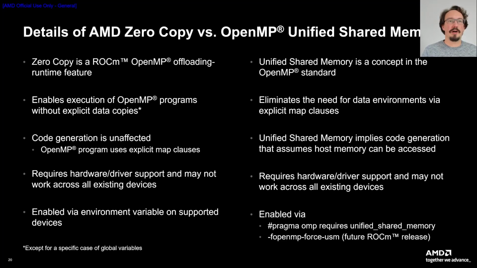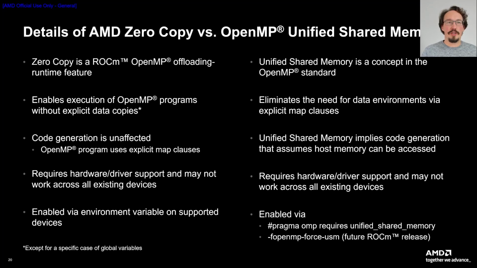Unified shared memory, on the other hand, is a concept of the OpenMP language specification. It is designed to eliminate the need for manually specifying the data environment for target regions. The feature introduces a technical requirement which may change code generation slightly.